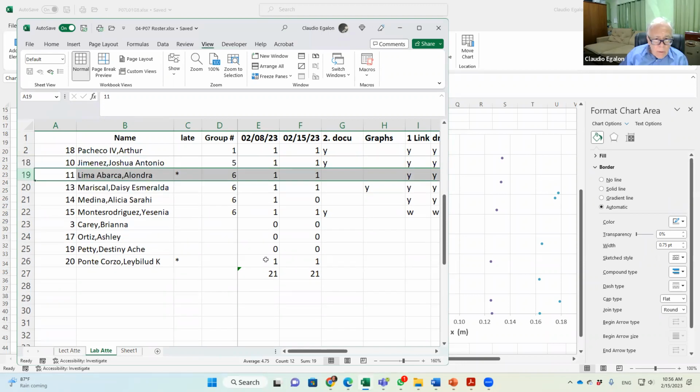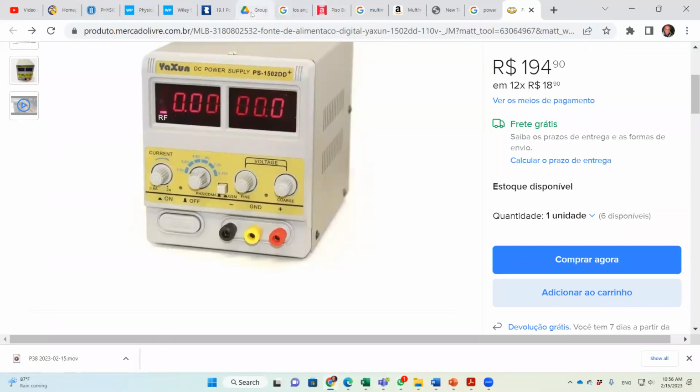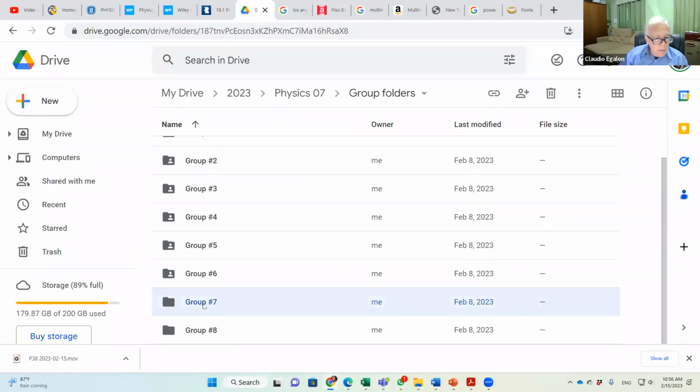While you all work on that, I'm gonna create a group folder for you, okay, Leibniz? Yes. And we'll upload.